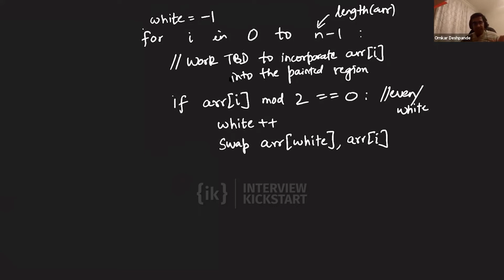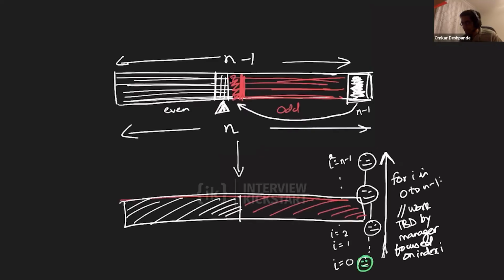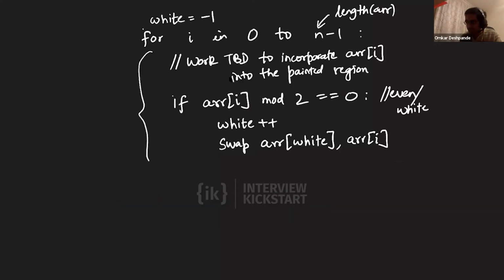So it lies just outside the whole array. So that's it. This should paint the whole array. I'm not sure if we have to return. Do we have to return? Yeah, we have to return the same integer array. So we return that array at the end. So that's the code.